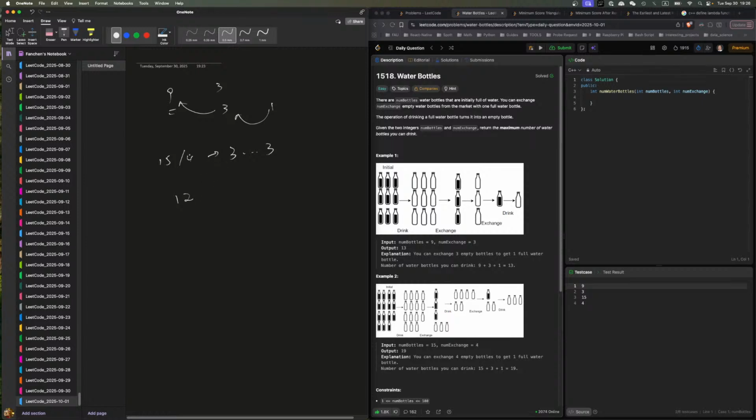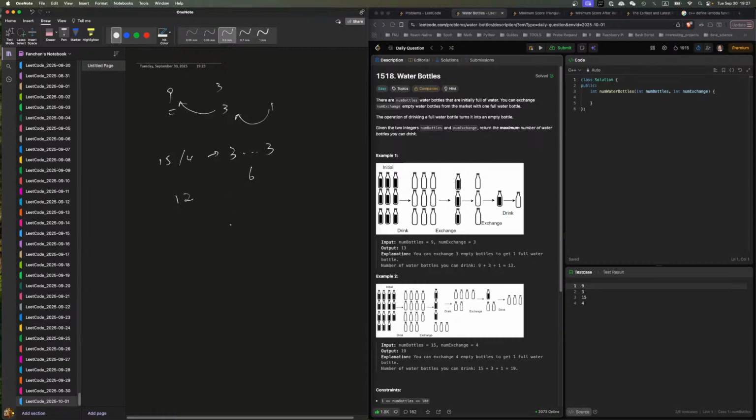We drink 12, and 12 has been drunk. Now we have 6 left.